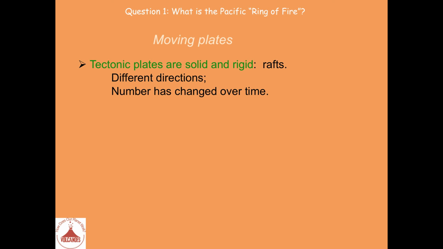The tectonic plates are solid and rigid. Now we can explain what it is. They act like rafts on the mantle. They go in different directions between the North Pole and the South Pole. They move at different speeds, and their number has changed over time during the Earth's history.